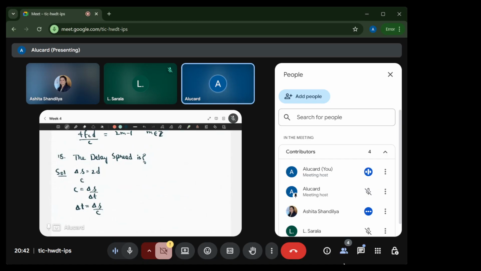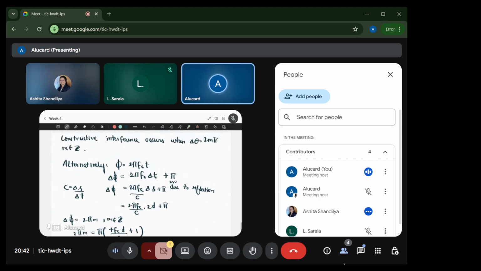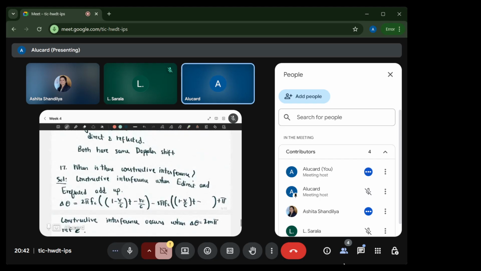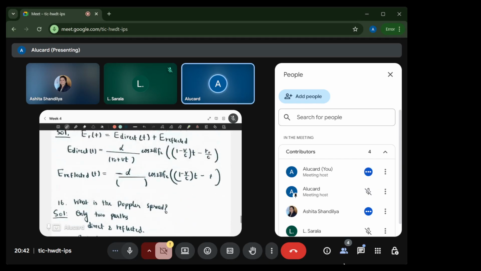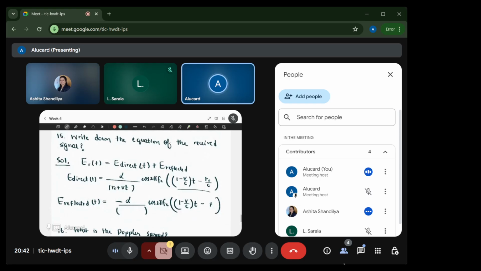This is just from physics. If you know the signal, then again, we had two components in the signal. One was the Doppler, and the other is the effect due to delay. So if you find the delay in the reflected signal, then the delay spread is the difference between these two delays.